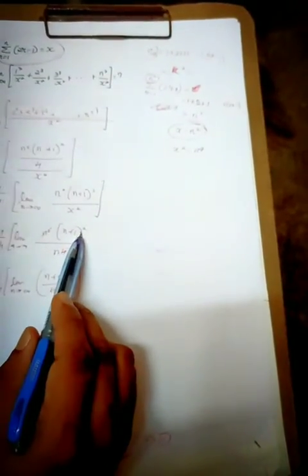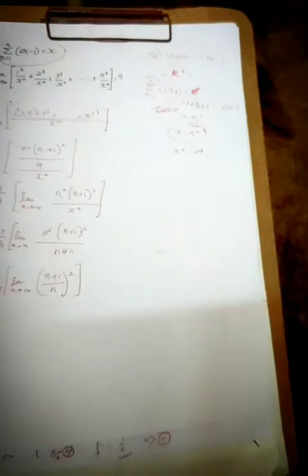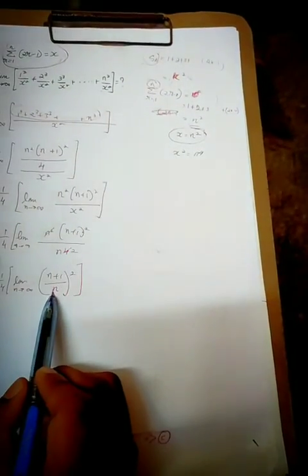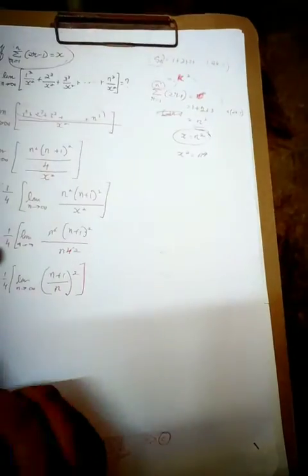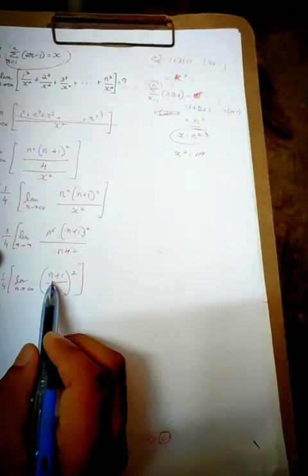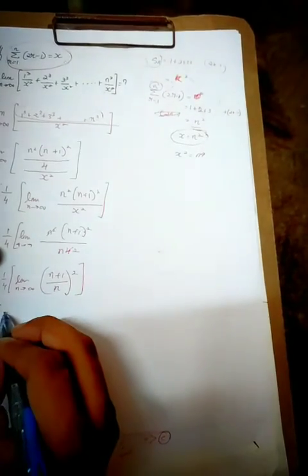This is square and this n square is also square, so I will write it as n plus 1 divided by n the whole square. Now if I apply the limit directly, it will become 0. So we do not apply the limits like that.